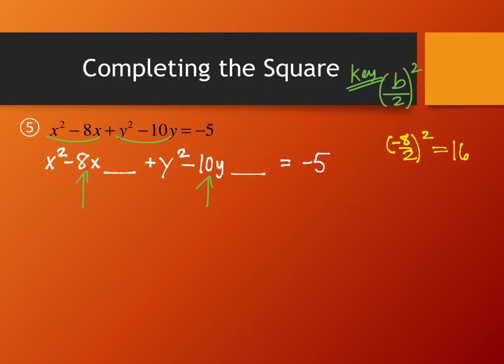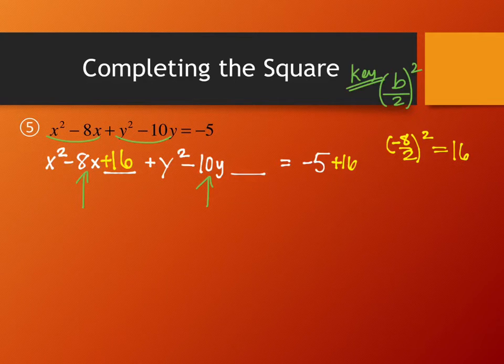That's what's going to go in that blank. Now, you cannot just go adding something to one side of the equation unless you also add it to the other side, right? An equation is a balance. I have now added 16, and my equation is lopsided. So I have to add 16 to the other side to get it to balance. So that 16 also has to be added to the right-hand side.